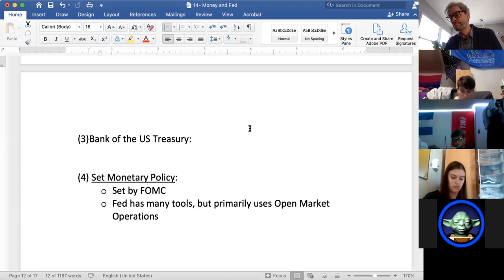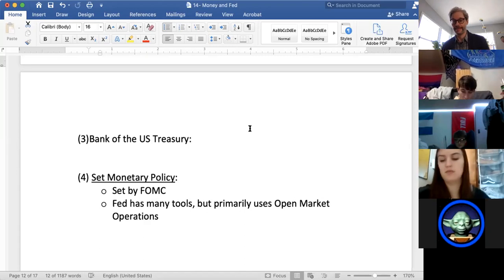Well, the Fed has many tools at its disposal. The Fed could go out in a golden helicopter and drop money out the window, and that would be one way to increase the money supply. Or they could go out there and steal money out of people's wallets and chop it up and cut the money supply that way. But those are probably not the best ways to go about changing the money supply.